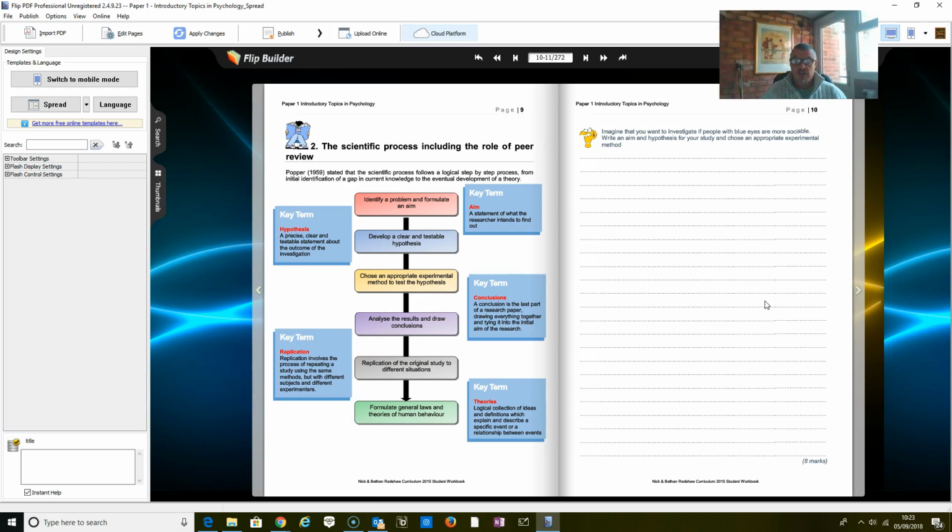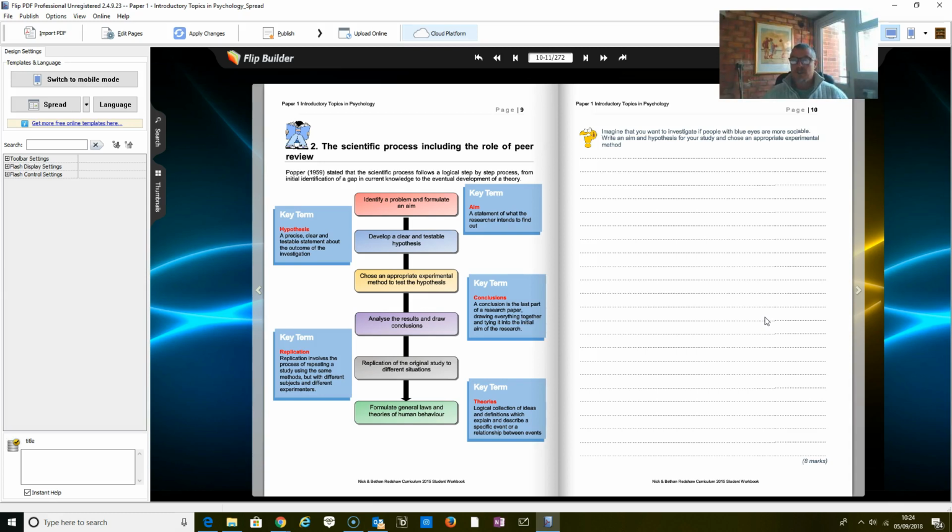So, firstly then, the scientific process needs to identify a problem and formulate an aim. An aim, as you can see by the key terms box there, is a statement of what the researcher intends to find out. We then move on to developing a clear and testable hypothesis.